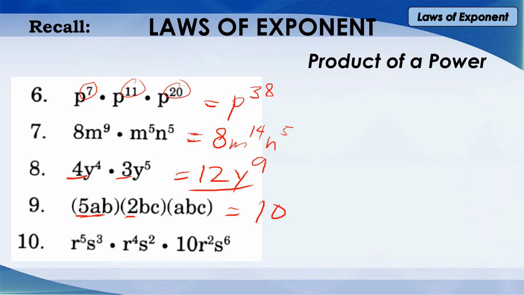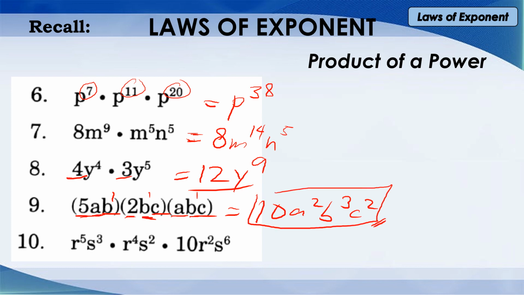Then A times A, that is A squared. Then B times B, that is B squared, times B, that is B raised to 3, because we have 1 plus 1 plus 1. And then C times C, that is C squared. Therefore, this is the final answer.